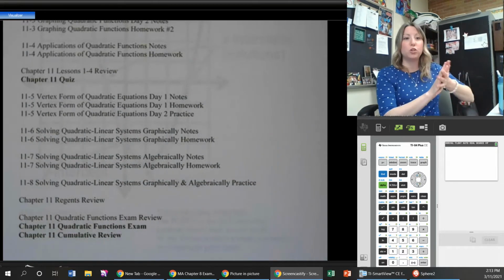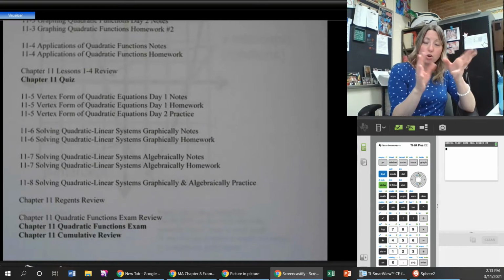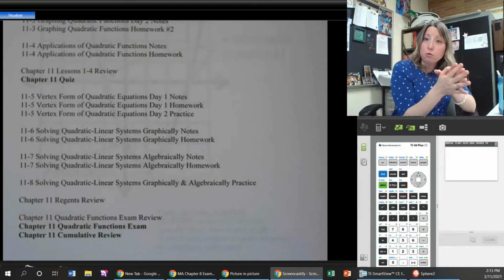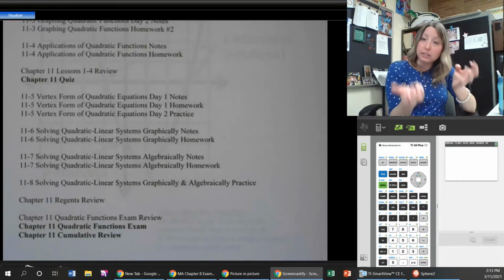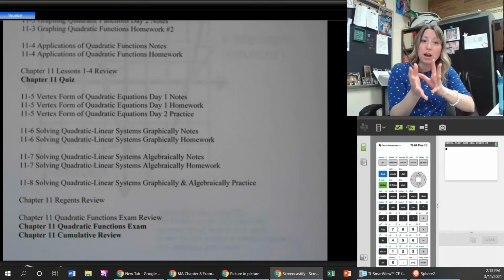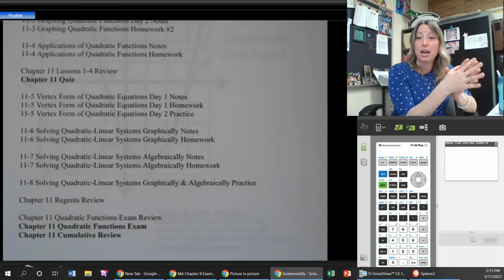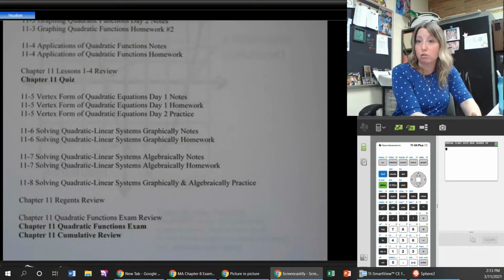We'll first review what vertex form will look like. We'll have notes and a day of practice. We will then graph quadratic functions and linear functions on the same graph. Then we will learn how to solve quadratic linear systems algebraically, so finding the intersection points using algebra.